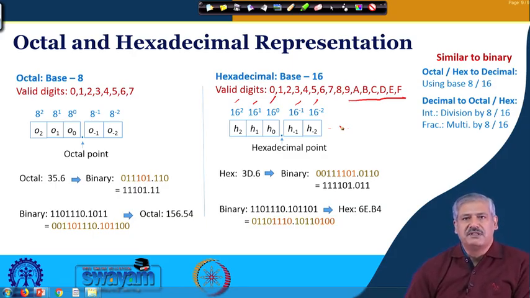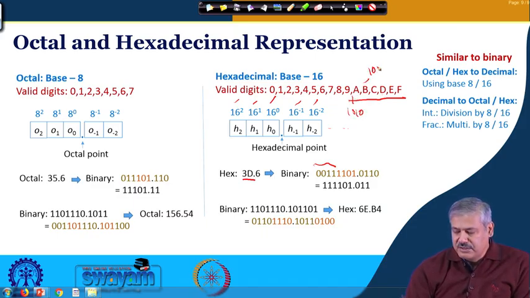Again, because 2 to the power 4 is 16, we will be forming groups of 4 binary digits. So, if 3D.6 is to be represented in binary, 3 will be represented by 4 binary digits, then D. If you look at the corresponding values in the binary representation, this is 0 0 1 1, and D is 1 1 0 1.